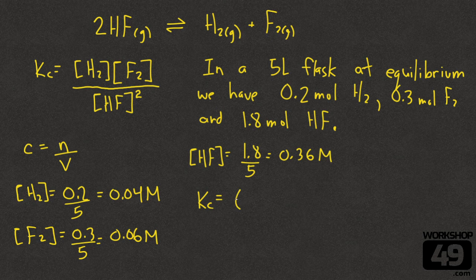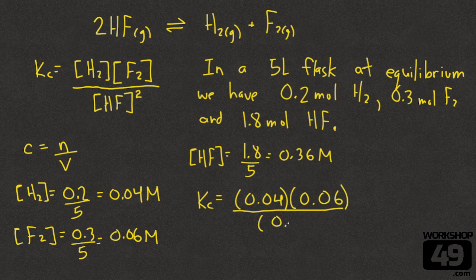We fill in our concentration of H2, that's 0.04. We don't have any power here. We fill in our concentration of F2, that's 0.06. We divide this all by the concentration of our HF, and that's 0.36 squared.